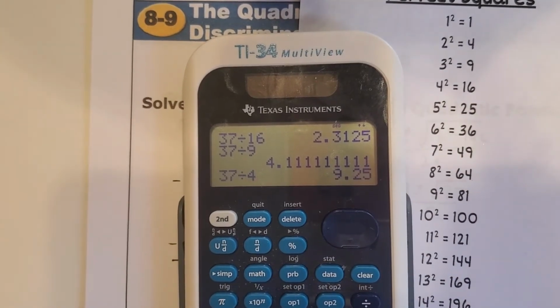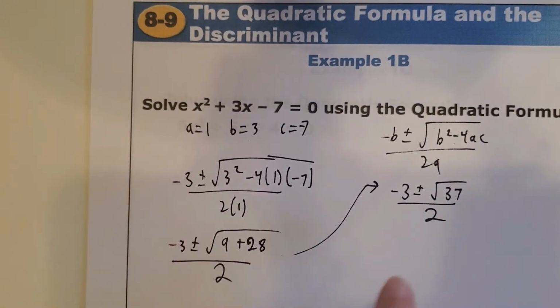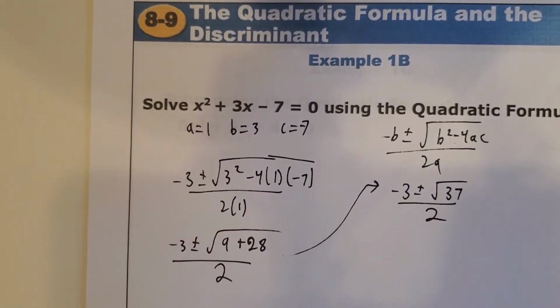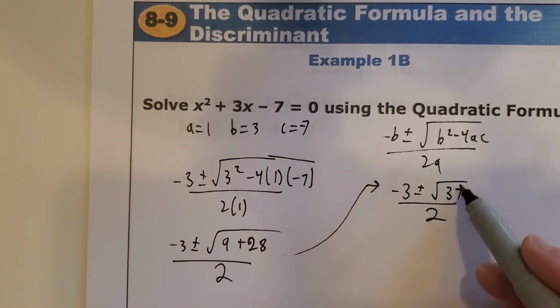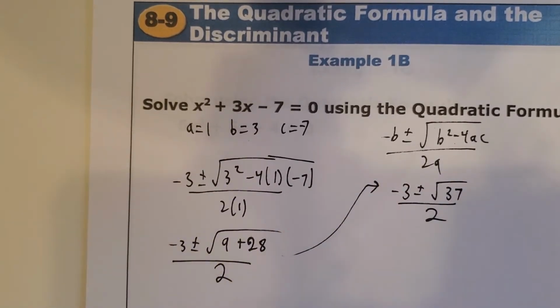There's no factors of 37 that are perfect squares. All right. So we're going to have to leave this as the square root of 37. So it doesn't simplify with the 2 on the bottom. Neither does the 3. I think we're going to get a chance to talk about that in a couple minutes. But there's unfortunately really nothing else you can do with this number.